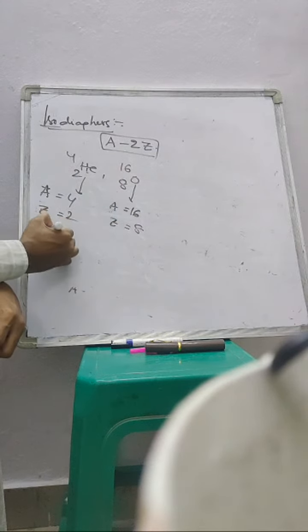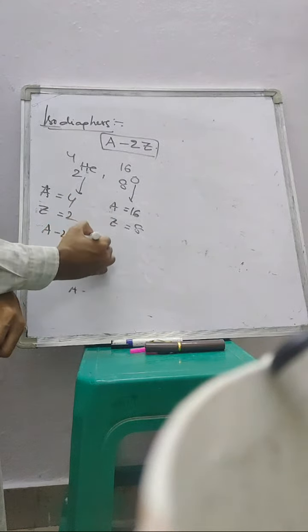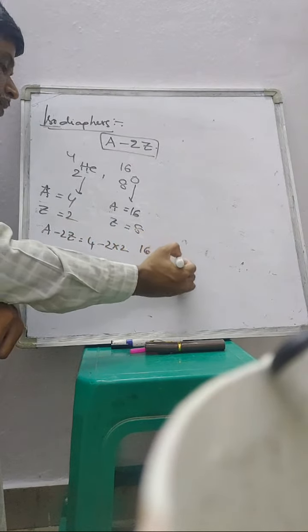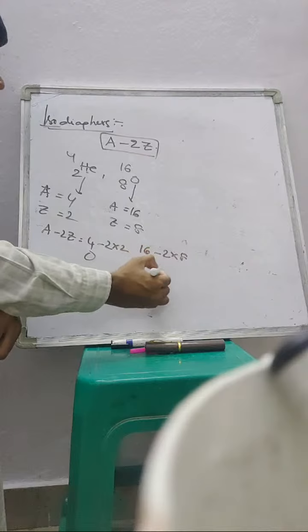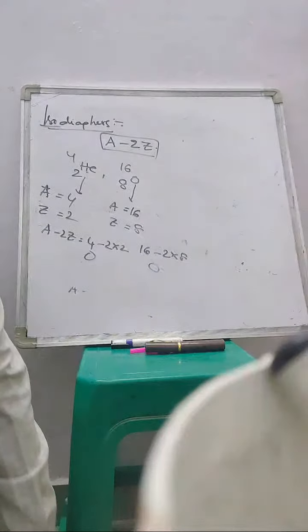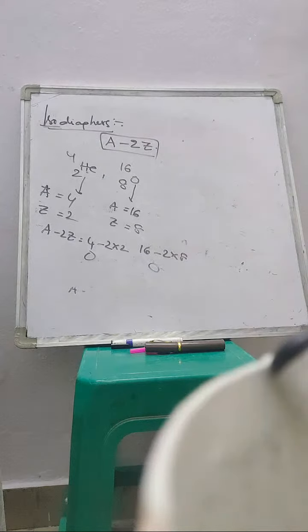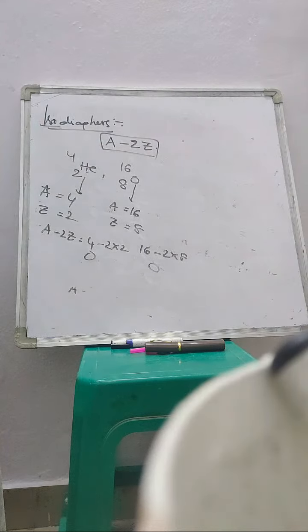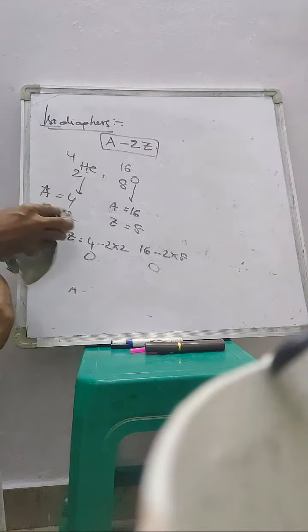Now calculate the A minus 2Z value: 4 minus 2 into 2, and 16 minus 2 into 8. The A minus 2Z value is the same for both species, hence these are called isodiaphers.